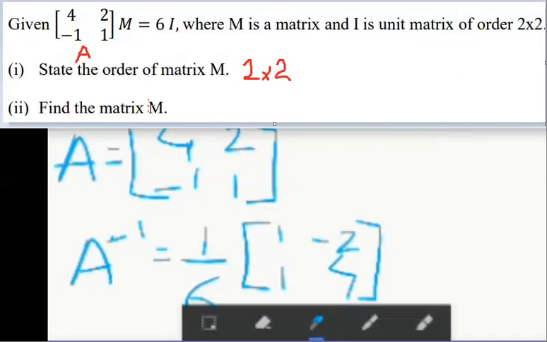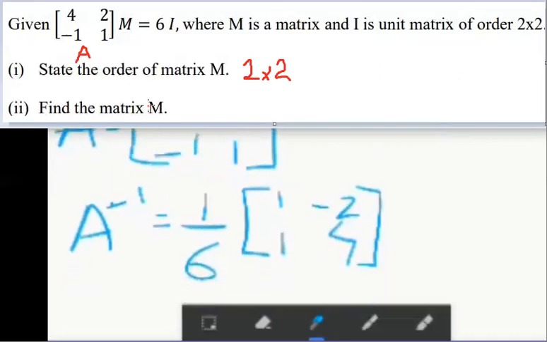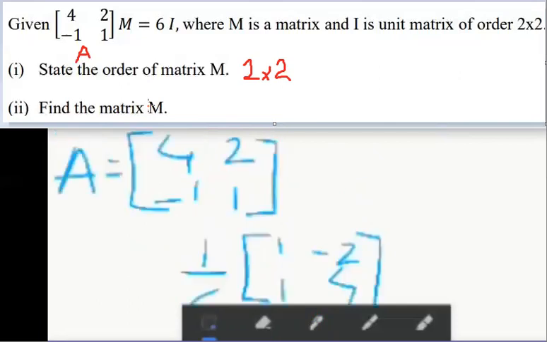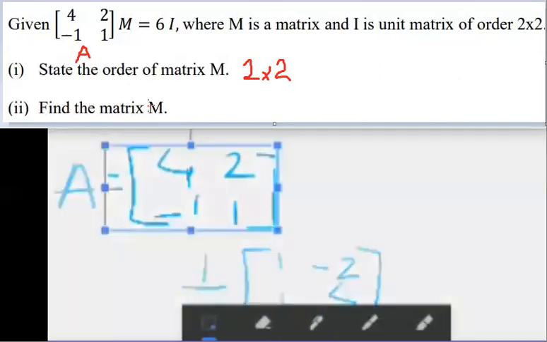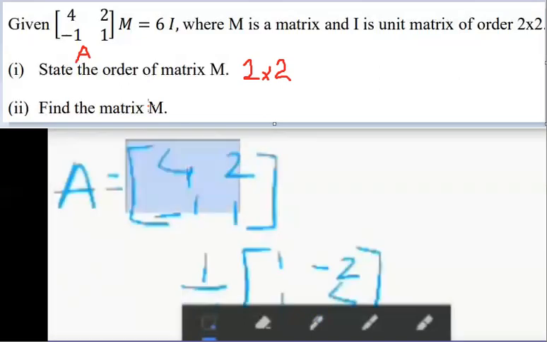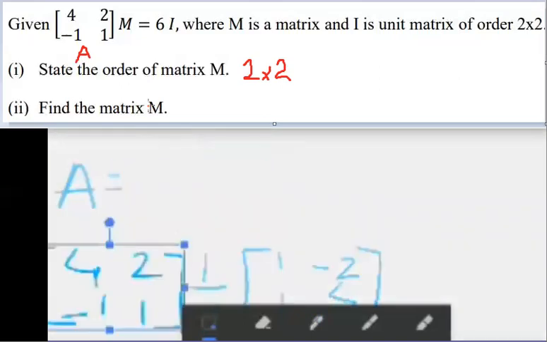So this matrix is the inverse of A, and a property of the inverse is that if you multiply it on either side with the original matrix, you get the identity back. So I can copy and paste this over here.